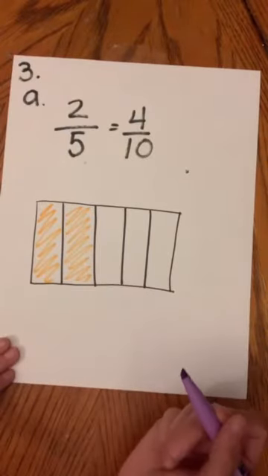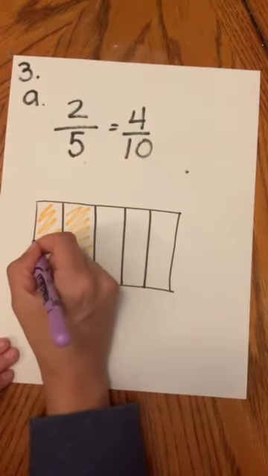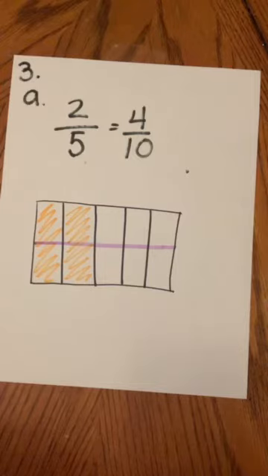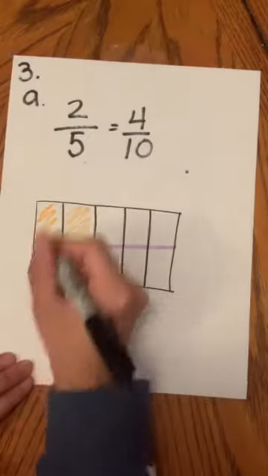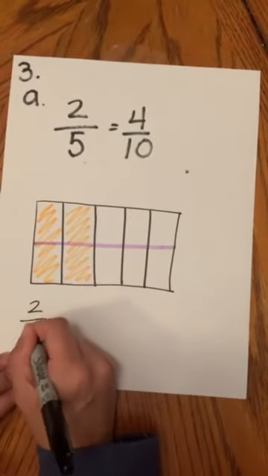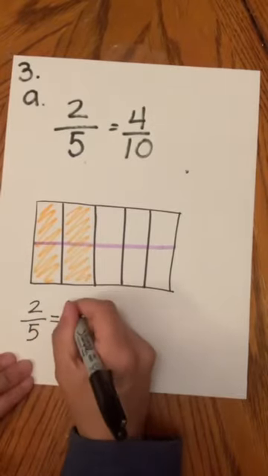So what if I do this? What do we think, room 13? Would that work? Sure. And right here, I'm going to write 2/5 equals, and I'm going to write 2/5 again.